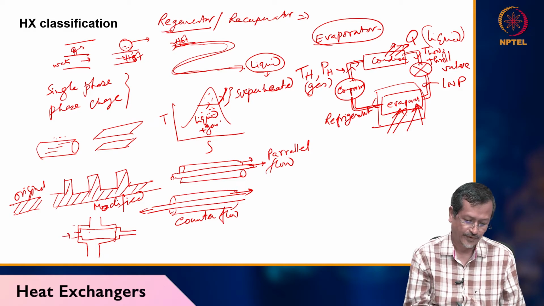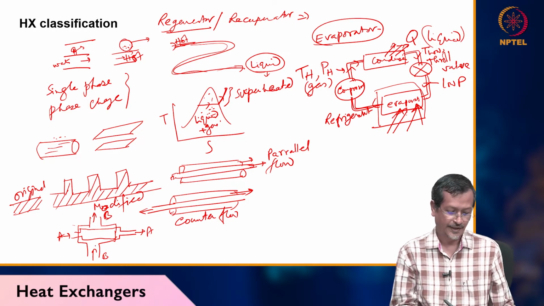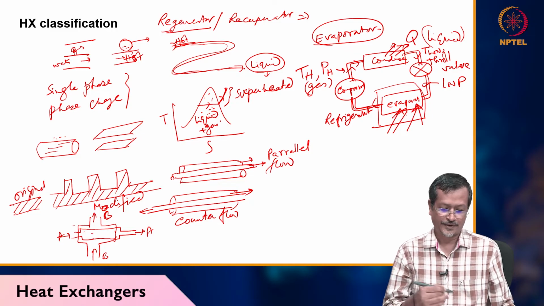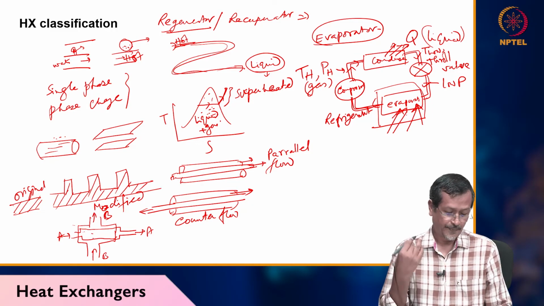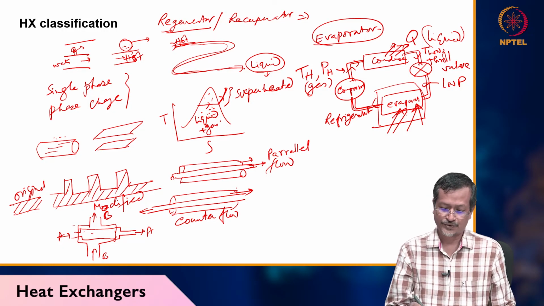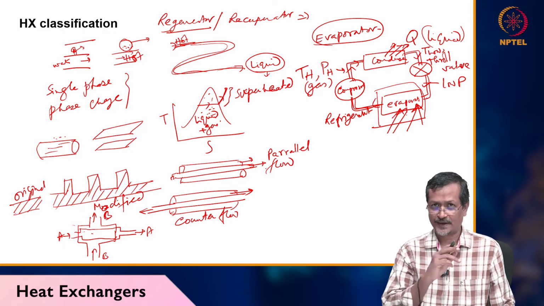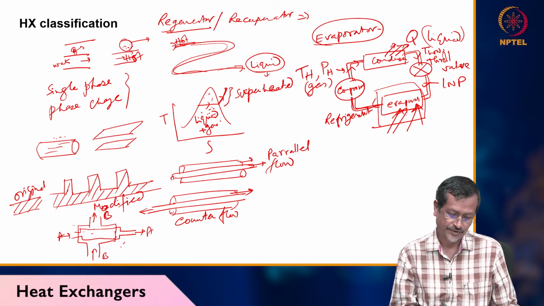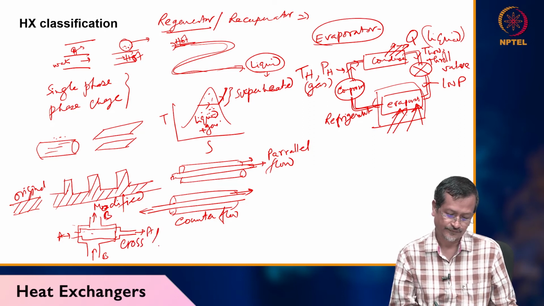One fluid is going, another fluid is going, like A, B. So B entering, B exiting, A entering, exiting. So there may not be mixing, but their flow direction is cross. Okay, so two things I have shown, parallel flow, counter flow. Those are parallel flow, but this is called cross flow.